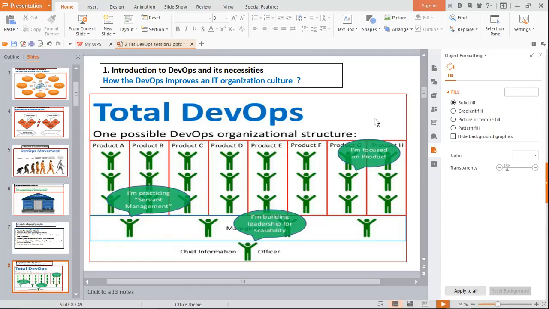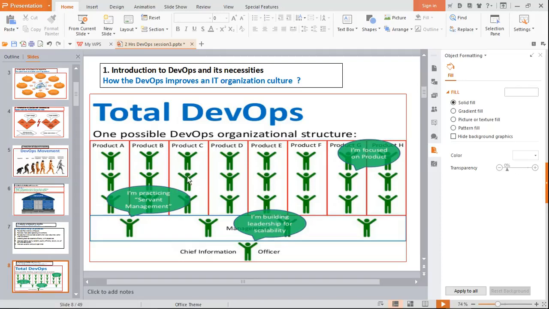Multiple products. You take a typical banking site or banking portal, they'll have different products like deposits, credit cards, savings account, like that. Different products are there in each bank, and you take those examples here.